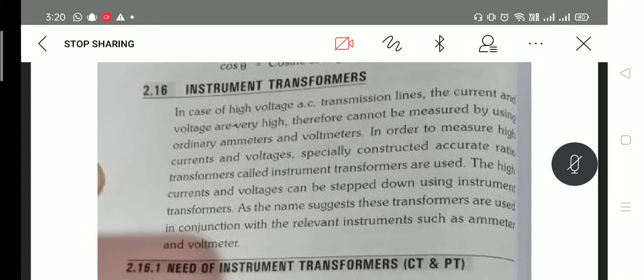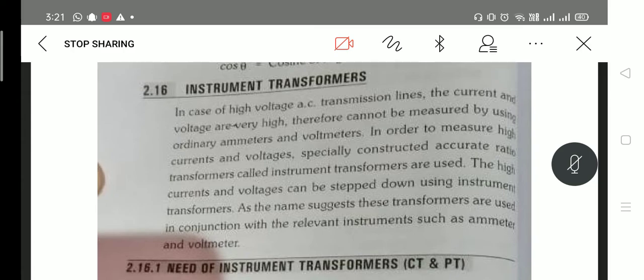From this, the third unit's first topic is instrument transformers. In high voltage AC transmission lines, the current and voltage will be very high. So we cannot measure them using ordinary ammeters and voltmeters in transmission lines.